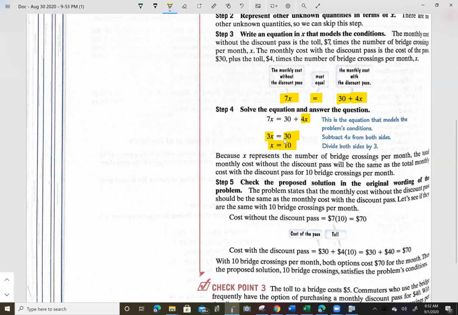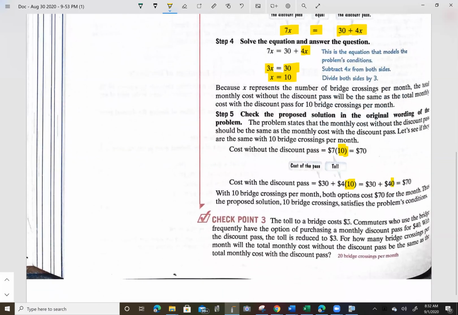Okay, then they check it by substituting 10 back in, right? And they get 70 is equal to 70. They put the 10 here, they put the 10 here to get 70. Both sides of the equation are 70. It has balanced.